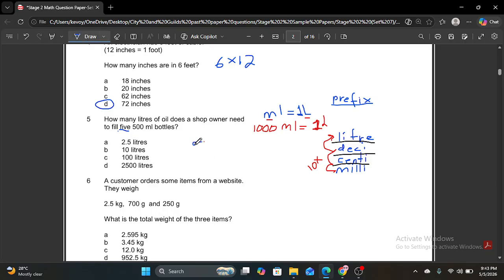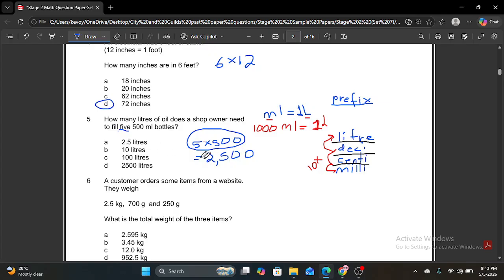So 5 times 500 milliliters is equal to 5 fives, that's 25, and you just put back the 2 zeros. So that's 2500. So 5 times 500 is 2500.